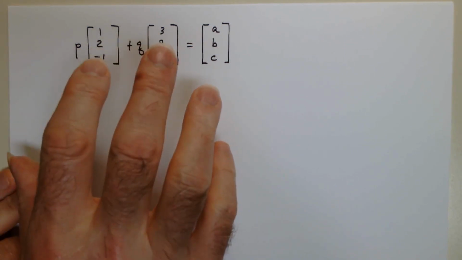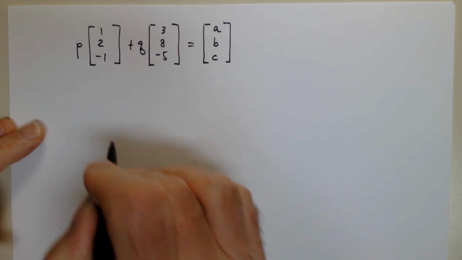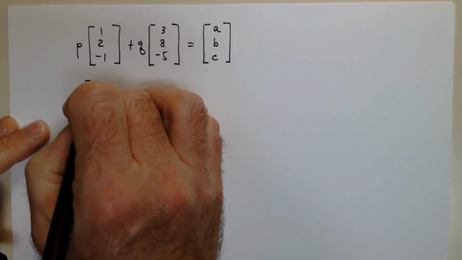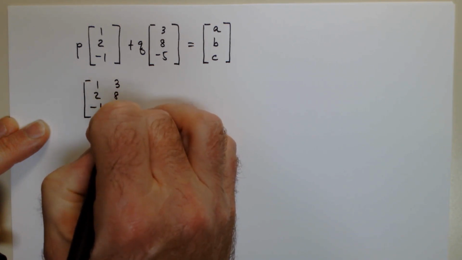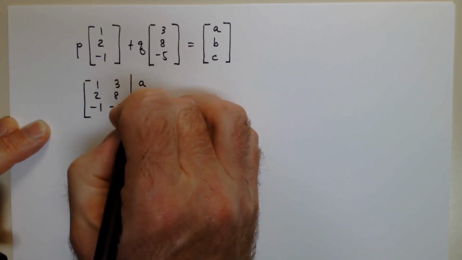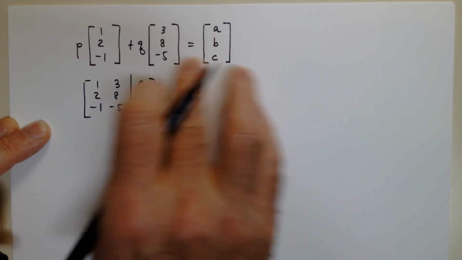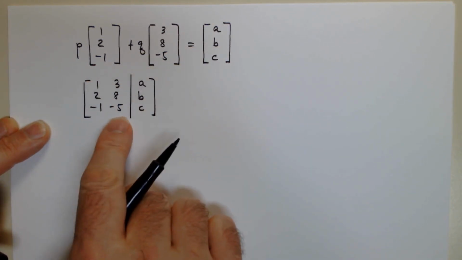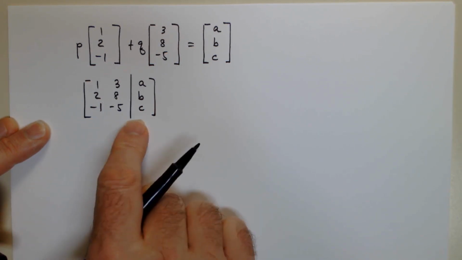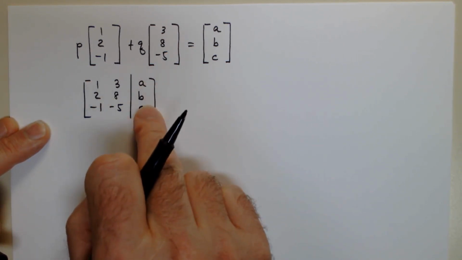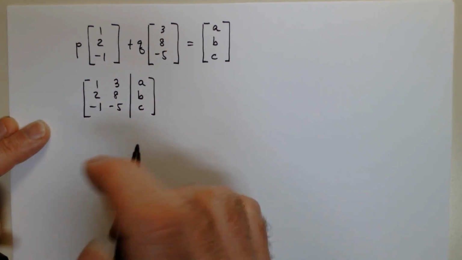Now what that means is that when we form the appropriate augmented system, in this case 1, 2, -1, 3, 8, -5, A, B, C, this question is solved by showing conditions on A, B, and C that always produce a consistent system. So we have to know, what are the conditions on A, B, and C that make this system consistent? All right, so that's the question.